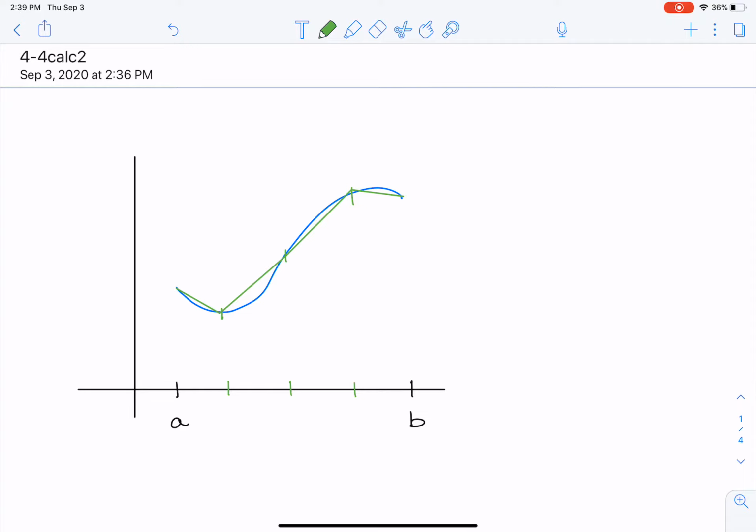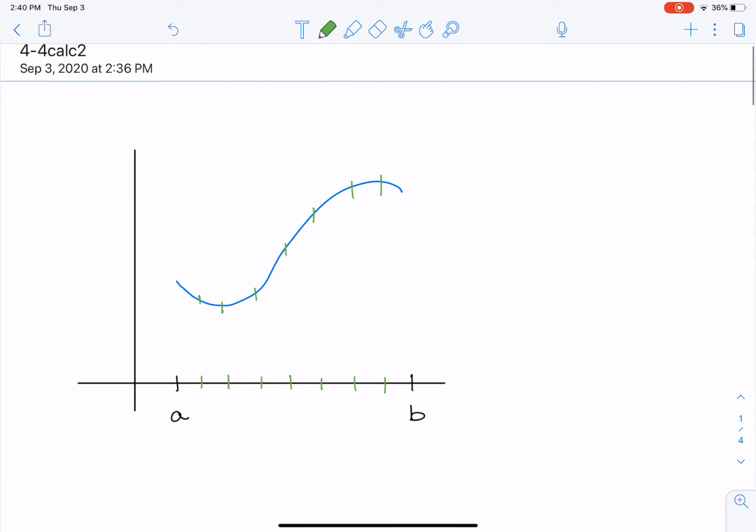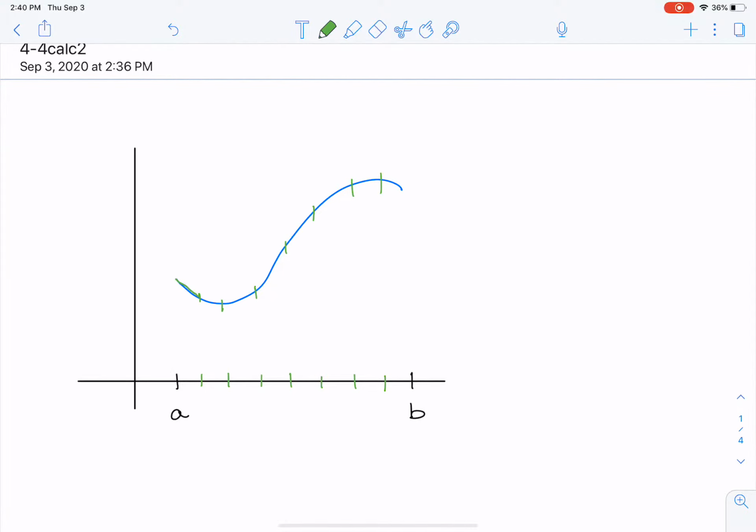the curve. So for example, I could double the number of points, and I could take shorter lengths of the line segments, and then you would get approximations that are much closer to the true length of the curve.